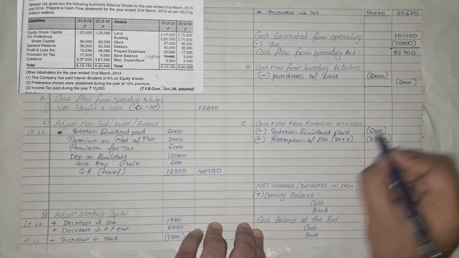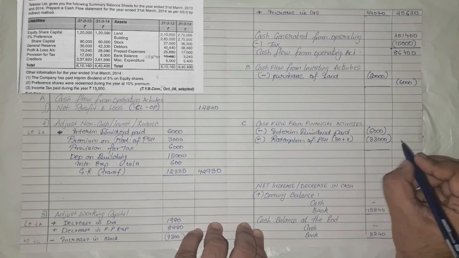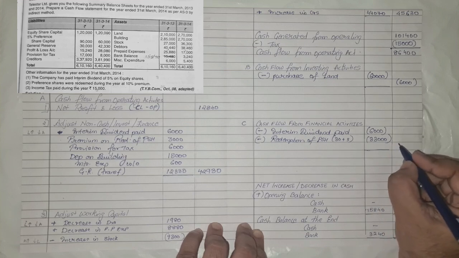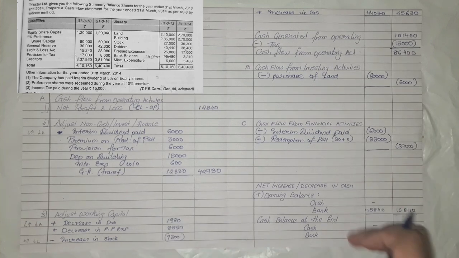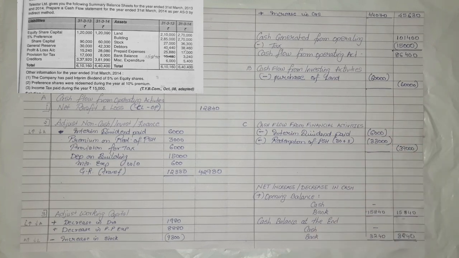Now, cash flow from investing, there was only one item, so it will be negative 60,000 in the outer column. From cash flow from financing activity, there were two things, 3,000 and 36,000 negative, so it will become negative 39,000 in the outer column. So from 86,400 on the calculator, 86,400 minus 60,000 minus 39,000, we get a negative value of 12,600.